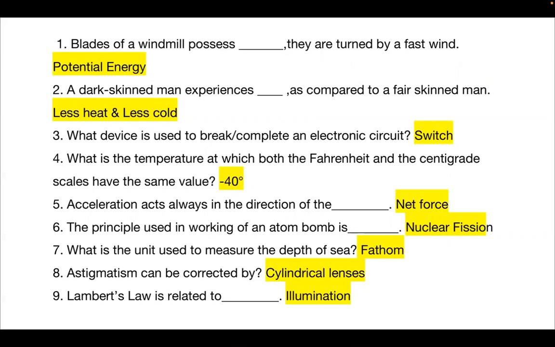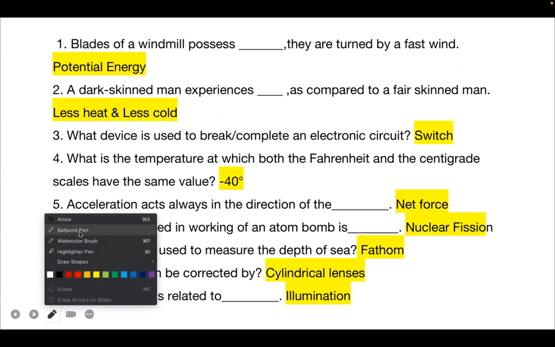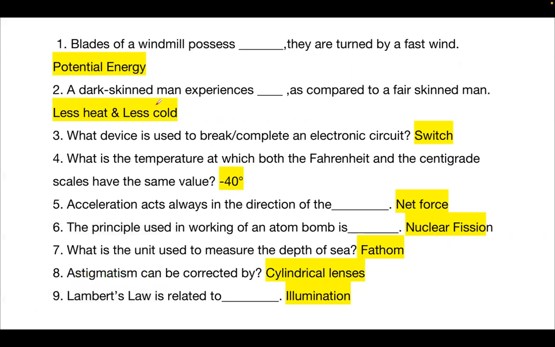The next question is, a dark-skinned man experiences dash as compared to a fair-skinned man. So this dark-skinned man experiences less heat, okay, and less cold due to the presence of a pigment called melanin.